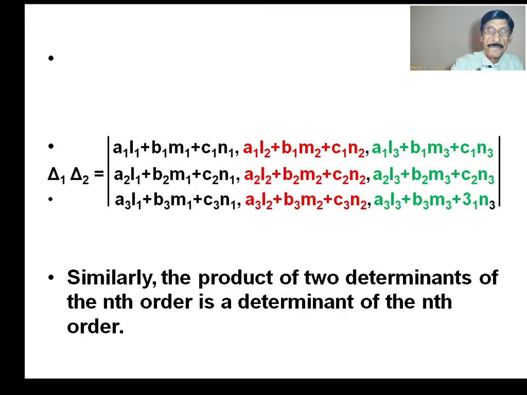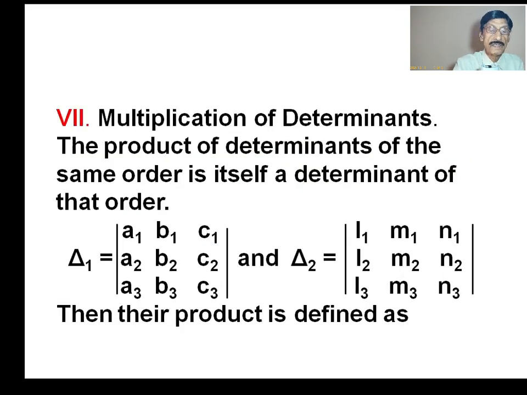First see. Now the first row is multiplied with the corresponding elements of the first column. Then the second row, it is multiplied with all.